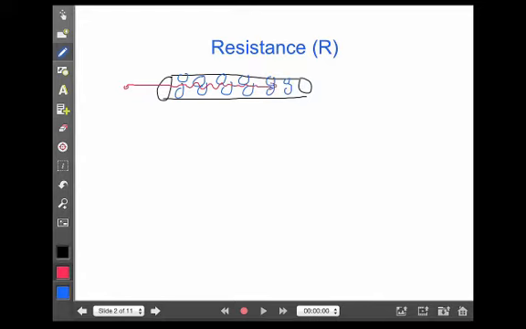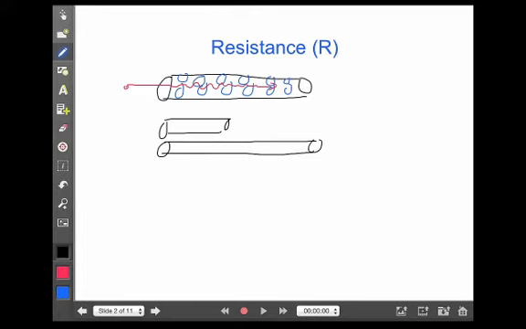So if we think about the idea of length, if I have a short wire and a very long wire, there's going to be a lot more resistance through the long wire than through the short wire, because the charge has to travel through more material. So basically what we're saying is that as length increases, resistance increases.